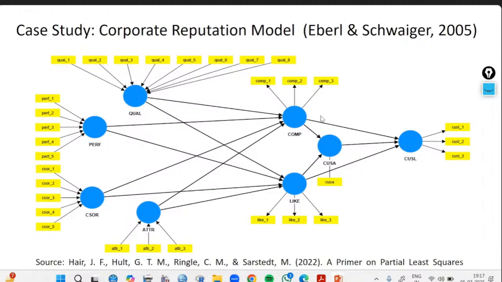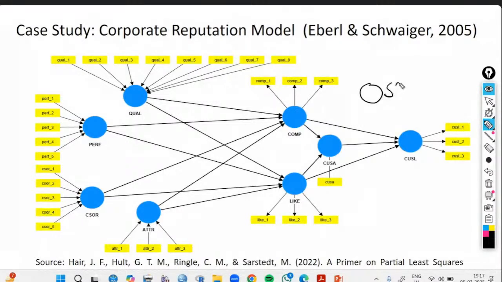This is my model, corporate social responsibility. Here I am including, यहाँ मैं क्या कर रहा हूँ? I am including one construct, and the construct name is switching cost, and then I will check whether this switching cost moderates the relationship between customer loyalty or not.